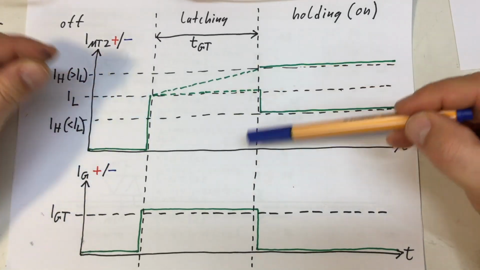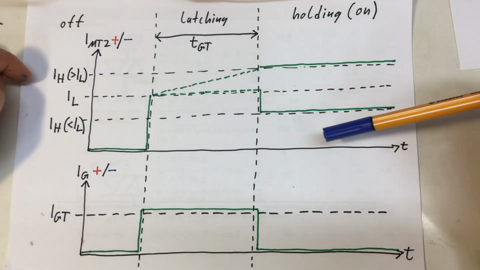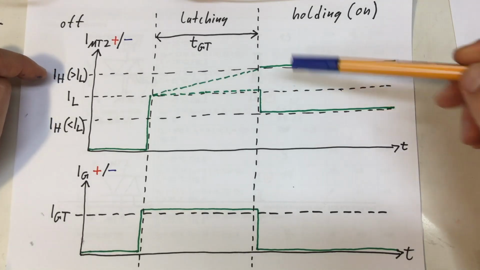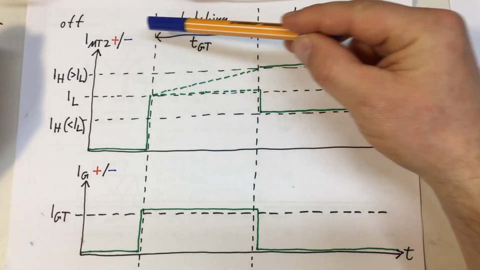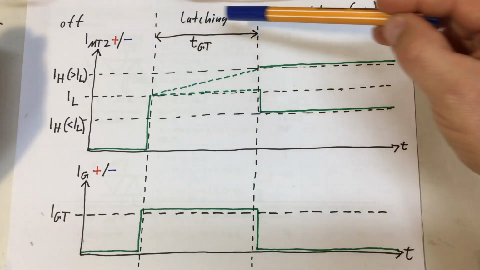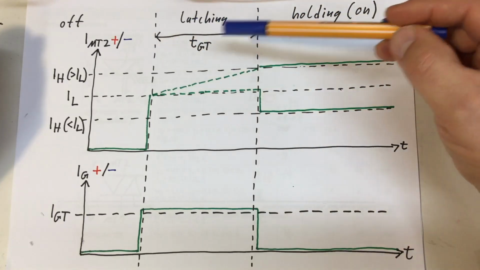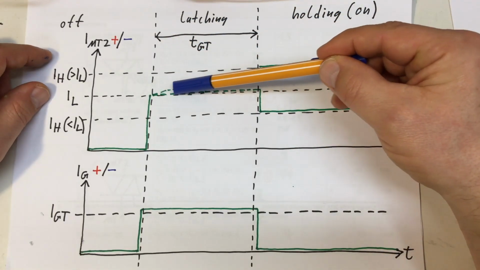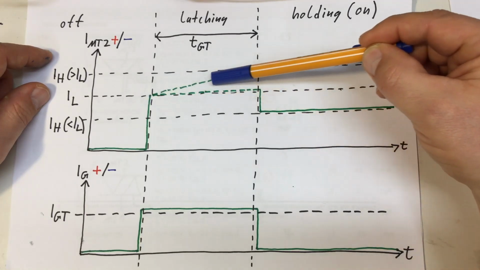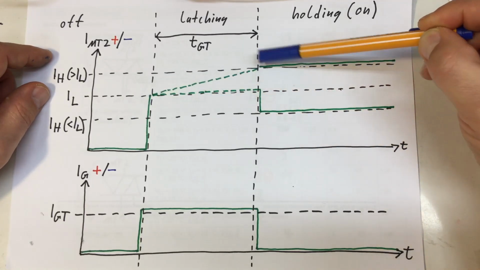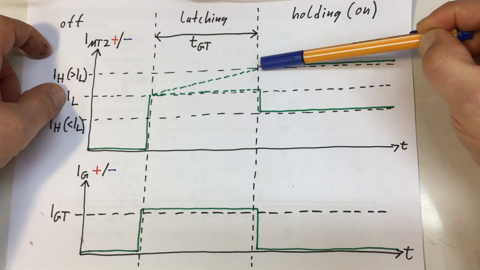In some extreme cases, as we've seen in the datasheet, your holding current can be bigger than your latching current. That is, during the time you need for latching, you have to ensure that the current through your main terminal 2 increases from the latching current.